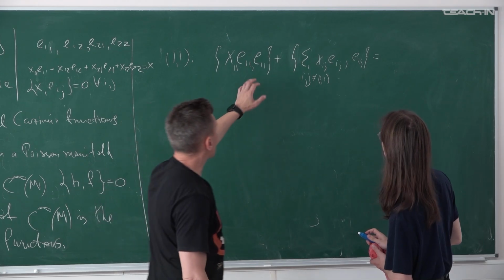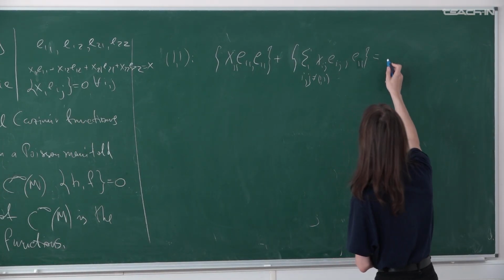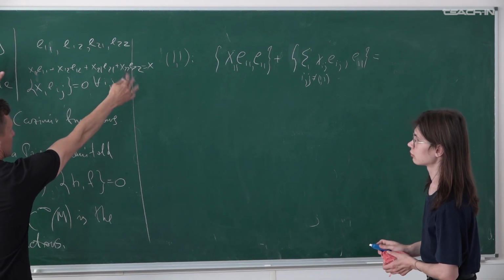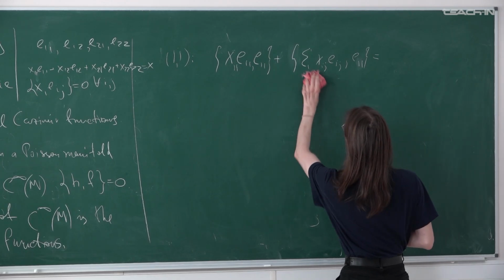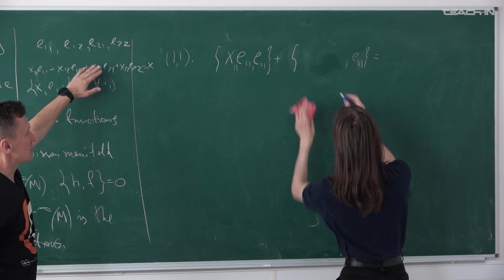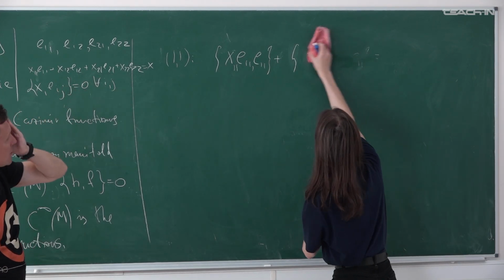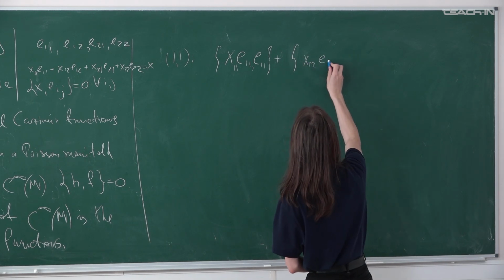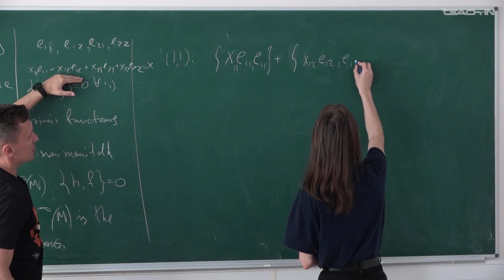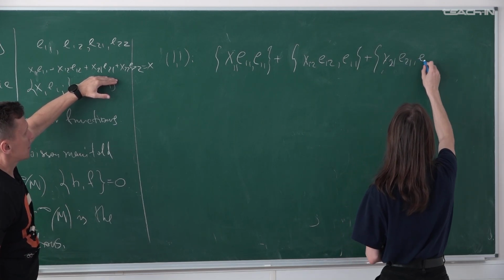I think we need just to write it down without sum, without indices: x11 E11, x12 E12, x21 E21, x22 E22. Perfect. Very good.